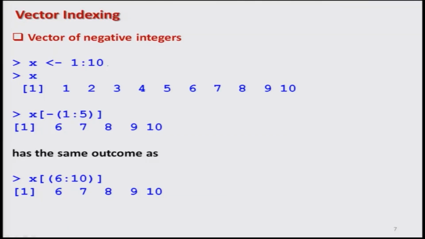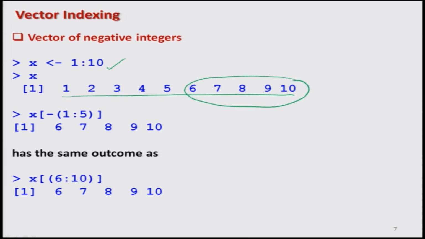So, let me take an example to understand how this can be done just by manipulating the index of a vector. Suppose I take the same example, that I am trying to generate data from 1 to 10. So, these are my values, and suppose I want to generate a sequence from, say, 6 to 10. That means this is a sort of subsequence.